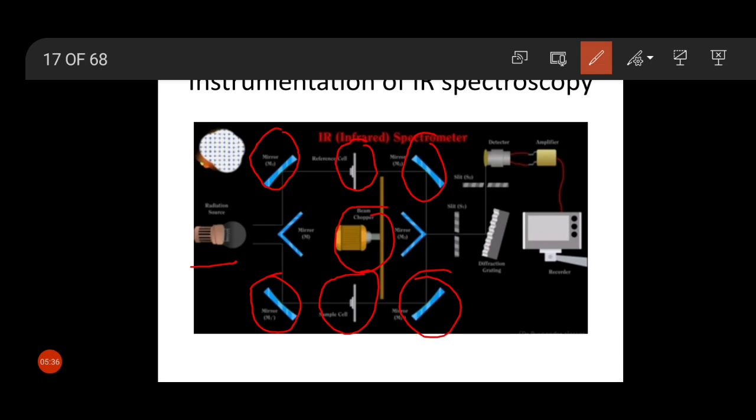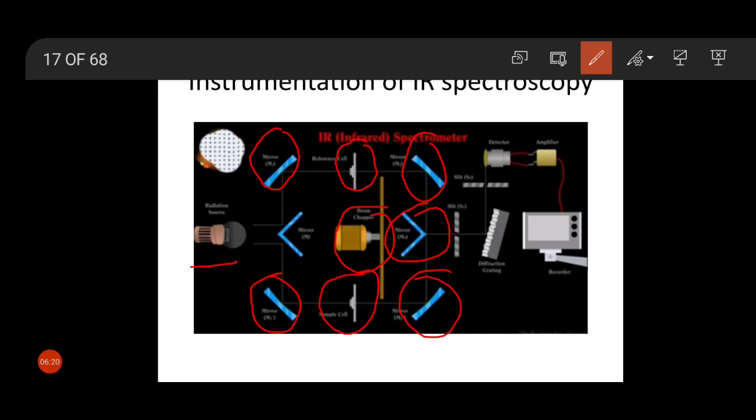The reference holder cell generally contains KBr because it is transparent throughout the IR range, and the sample holder cell contains the sample we want to analyze. Next is the beam chopper, operated by a motor, which alternately sends radiation from the reference cell and sample cell towards mirrors M2 and M2 dash. And finally the mirror M3 dash.